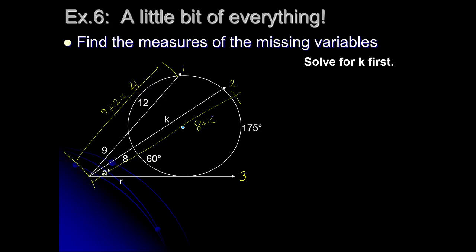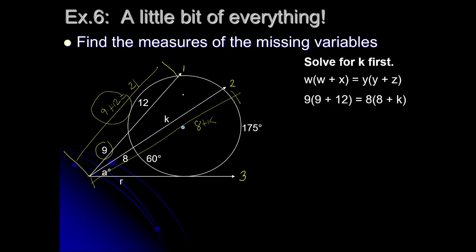So, we have 9 multiplied by 9 plus 12 over here. On the other side, 8 multiplied by 8 plus K. And let's simplify that. Adding to 21, then you multiply by 9, that's 189.